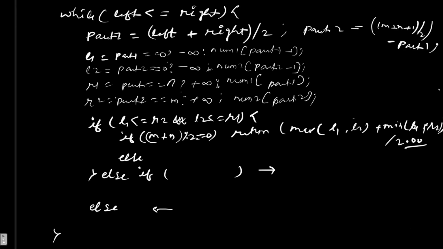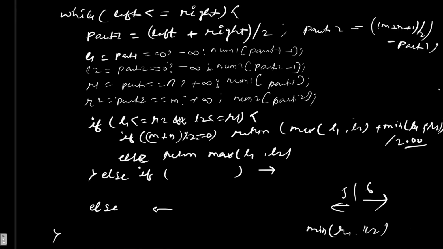And for the else case, in the odd condition, we have to return max of L1, L2. If we were keeping the maximum element on the right side, that is 6 on the right and 5 on the left, in that case we would return the minimum of R1, R2.